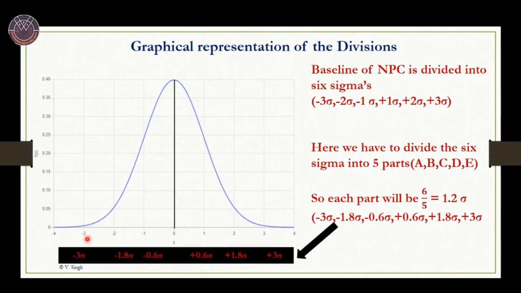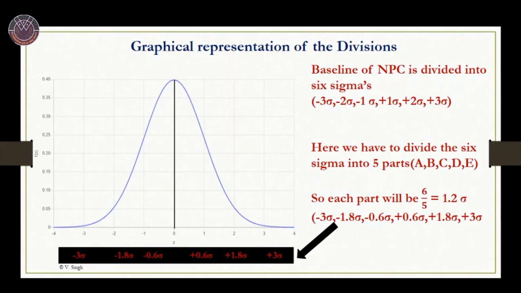Similarly, if you add 1.2 to this minus 1.8 sigma, we will get minus 0.6. And similarly, if you add 1.2 sigma, you will get plus 0.6 sigma and plus 1.8 sigma and lastly plus 3 sigma. So now we are divided into 5 subgroups.